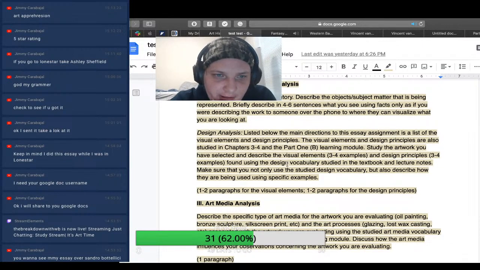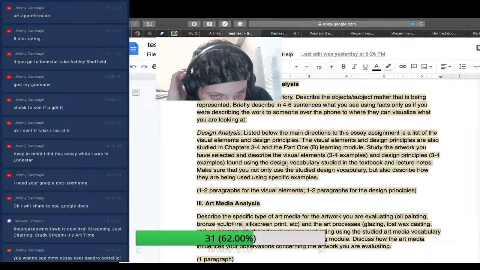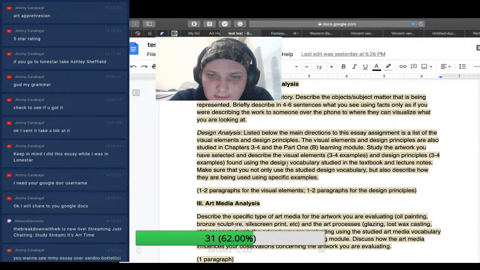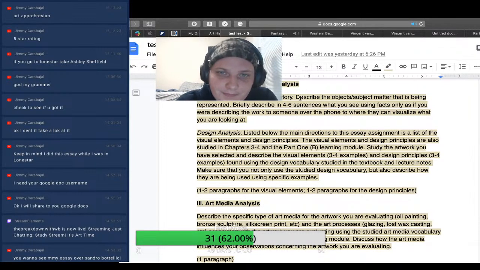So we need to talk about, listed below are the directions of visual elements. Design principles are studied in chapters 3 and 4 in part B of the learning module. Study the artwork you have selected and describe the visual elements, 3 to 4 examples, and design principles, 3 to 4 examples, found using the design vocabulary studied in the textbook and lecture notes.